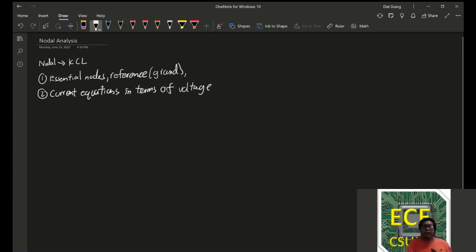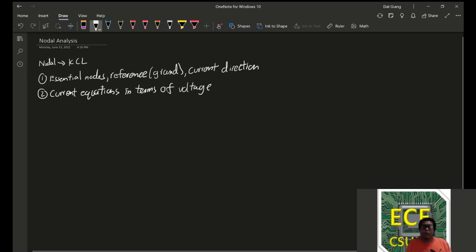Another thing we also have to identify is current direction. Now, the term current direction is a bit misleading because current is a scalar and it cannot have direction. But we define a direction anyways, simply because we want to use KVL and KCL to our advantage.